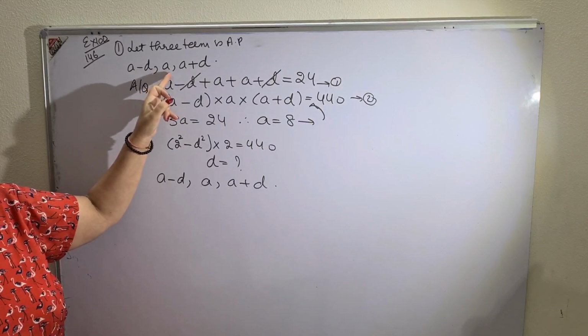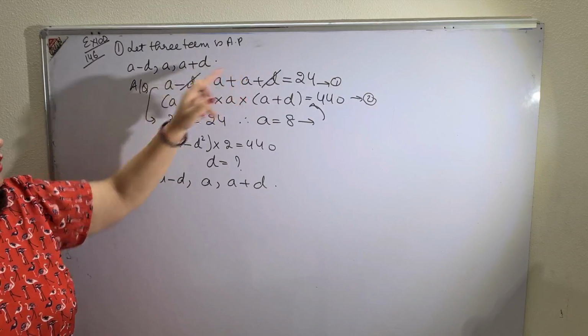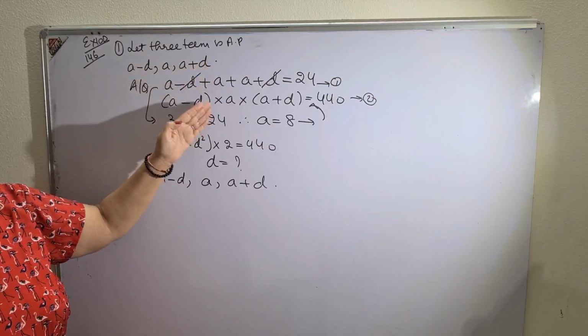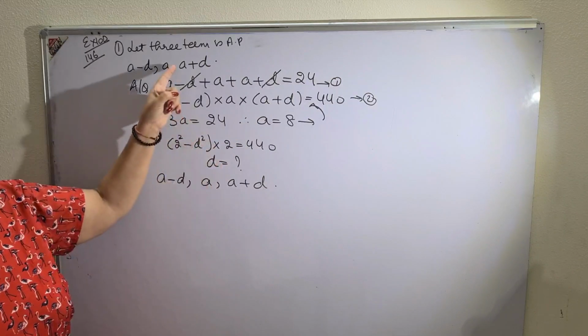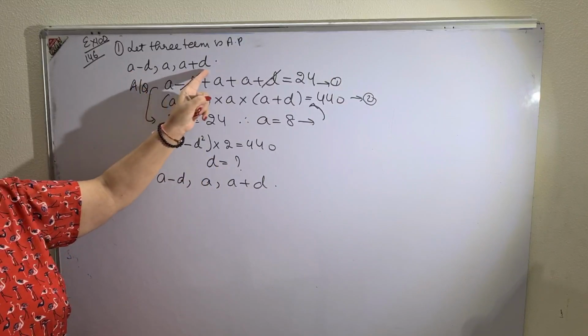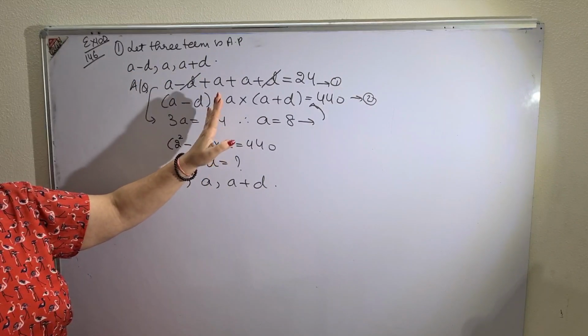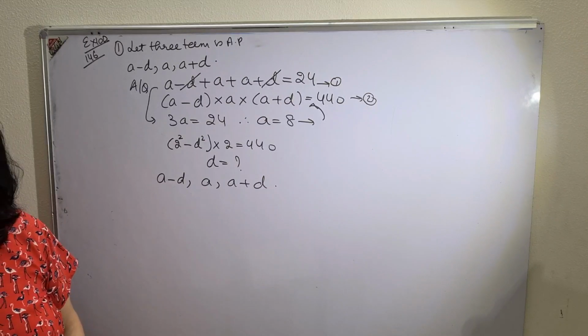Take them in the same way as I have given you. Then you put the conditions, find the value of a, find the value of d. If they have asked for 3 terms, put the value of a and d in the same order, and that will be your answer. For example, just to make you understand, I will do question number 2 also.